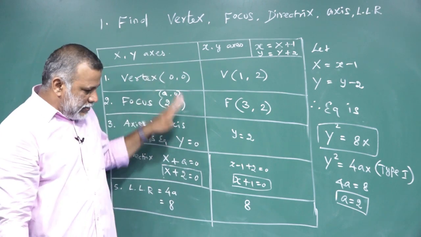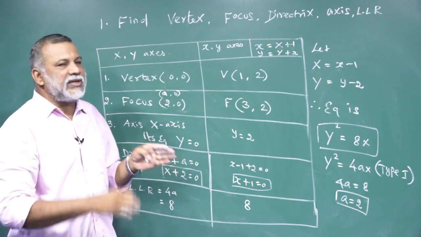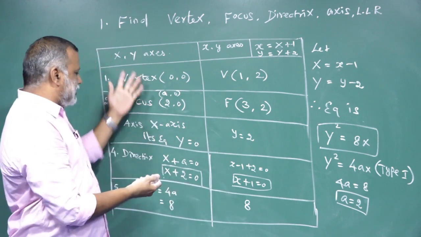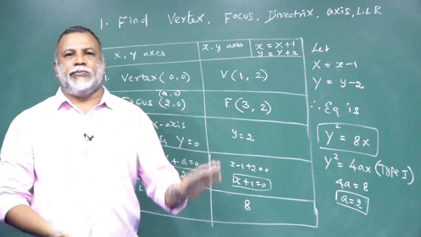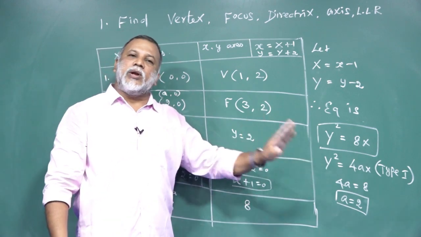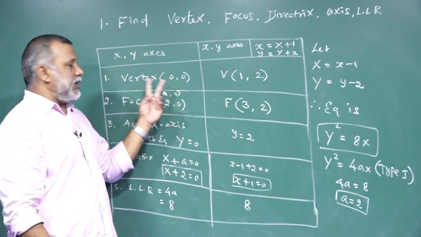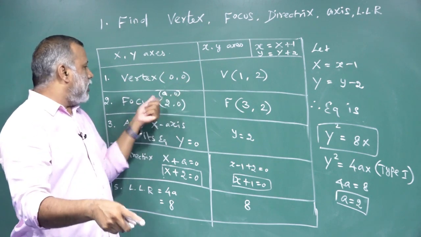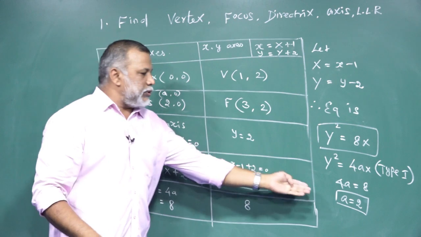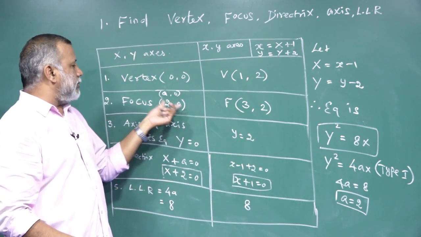Once again, see this concept. First you have to understand clearly, then try yourself. These results belong to the standard type. What is the standard type? Type number 1. Type number 1, vertex is 0, 0. Focus is a, 0, and using a equal to 2, it is 2, 0.